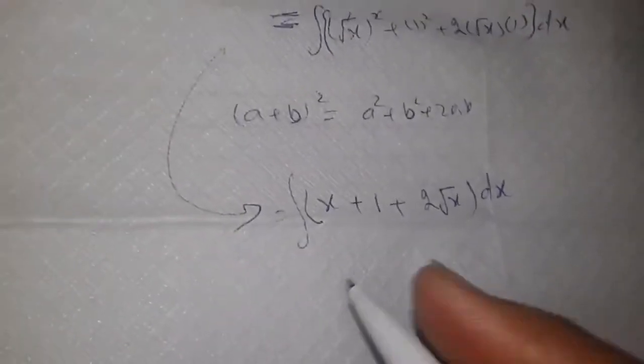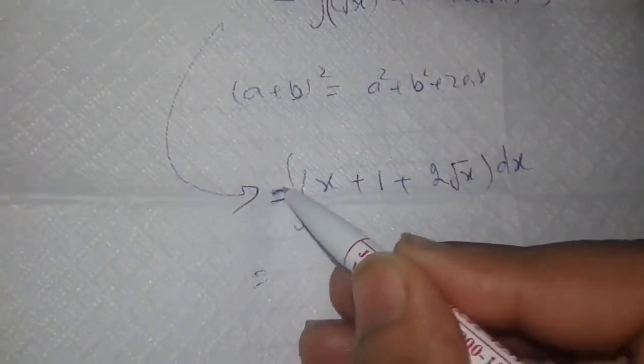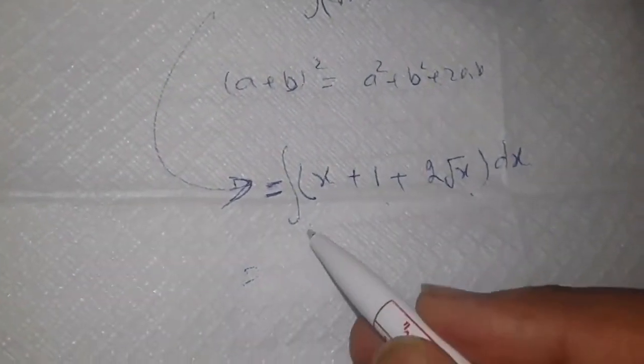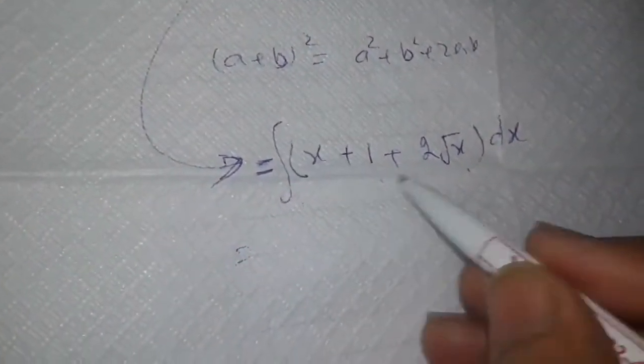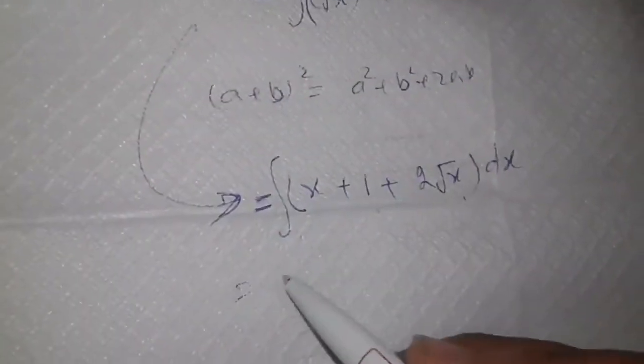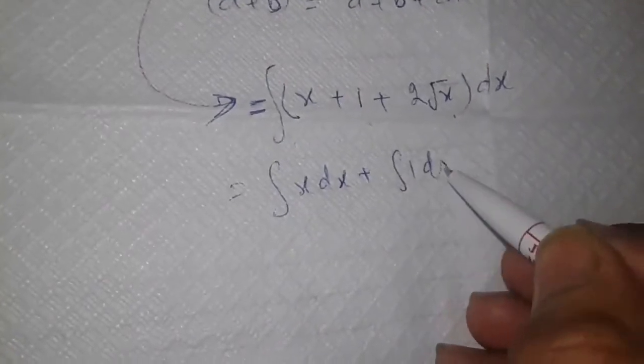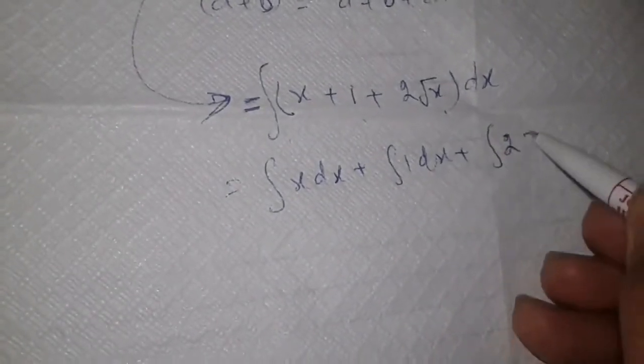Now this is a simple case. Our function has three different terms, so we will integrate all of them separately: first term integration plus second term integration plus third term integration.